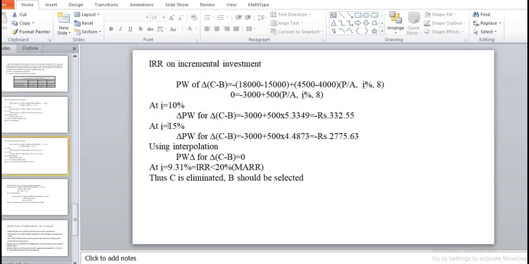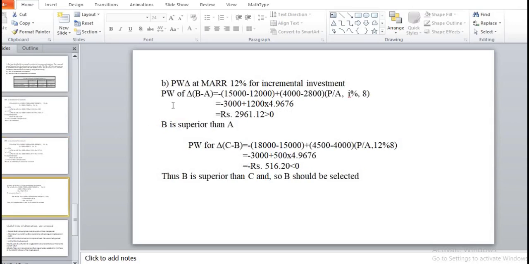Again we put I is equal to 10%, 15%, and find the present worth for C minus B. Again we find the I value when this incremental present worth becomes 0. That I value is 9.31%, which is less than the MARR value. So in this case C is eliminated, B is remaining. So B project should be selected by using this IRR method.